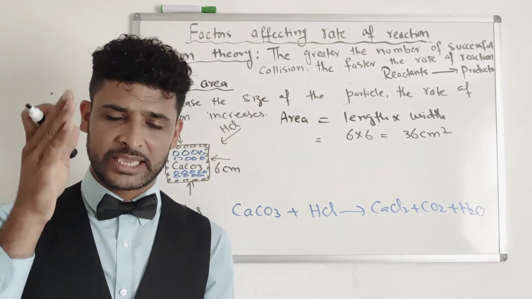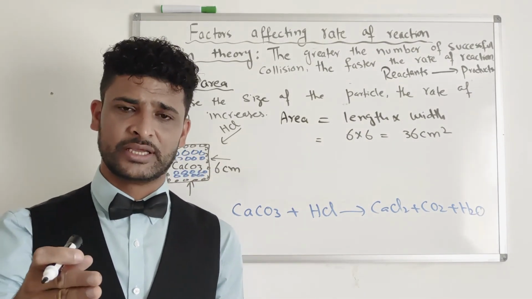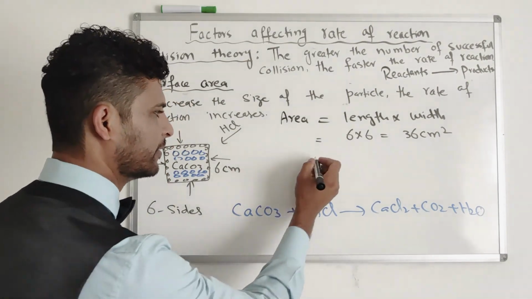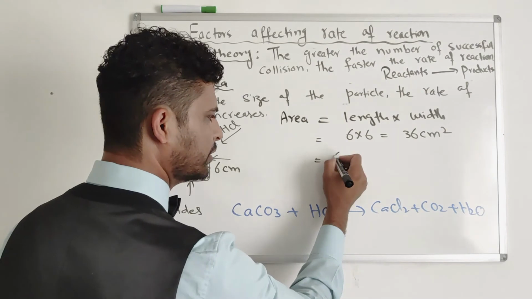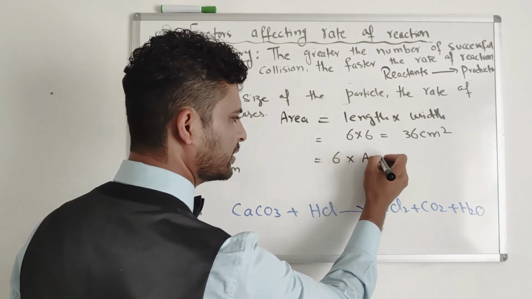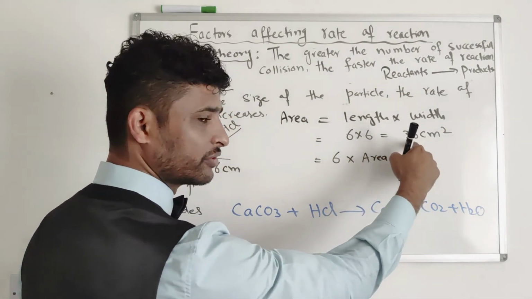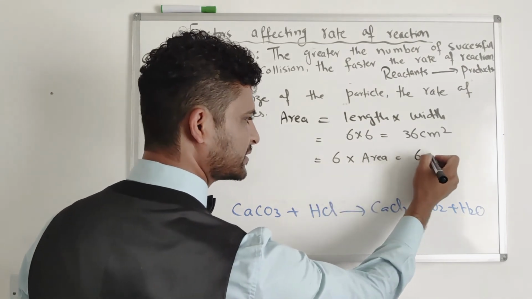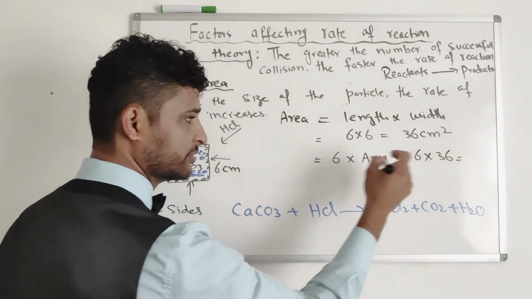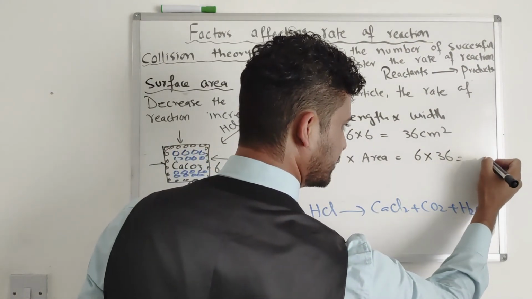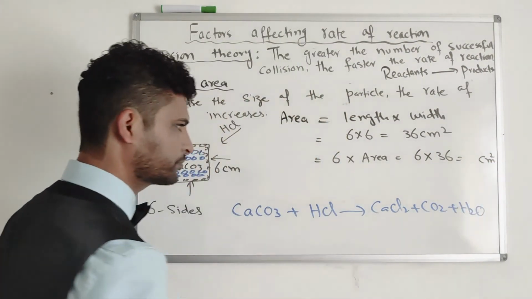Now calculate the surface area. Once you get the area of one side, you look at the 6 sides. In total you have 6 sides in a cube, so 6 times the area, which you already got, 36. So you would say 6 times 36, and because this is 6 sides, you will get the answer here in centimeter squared.